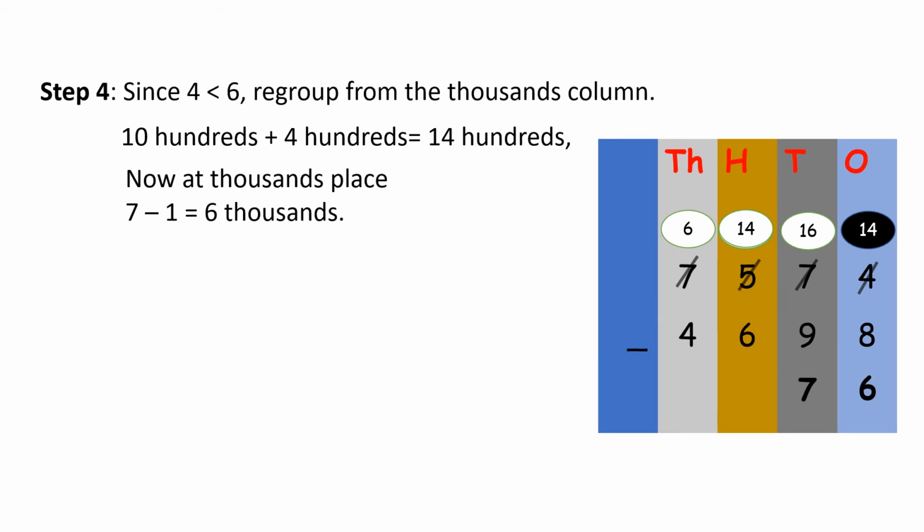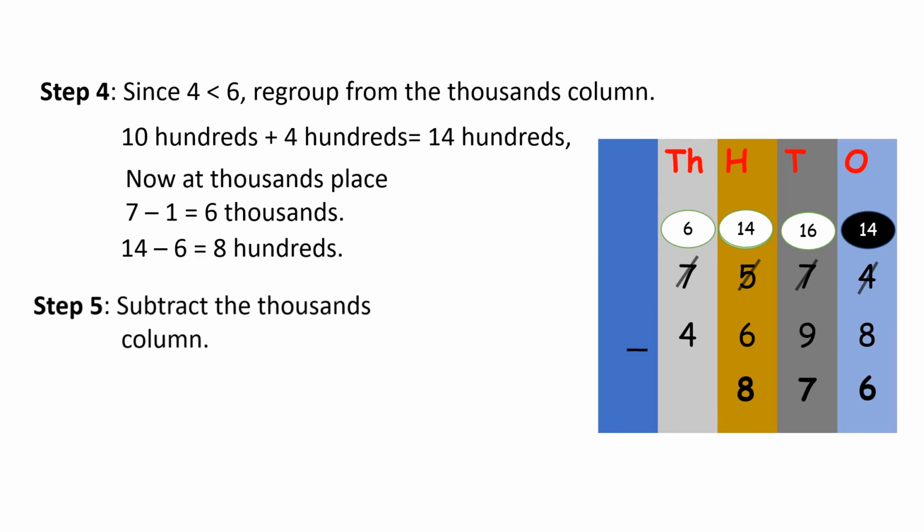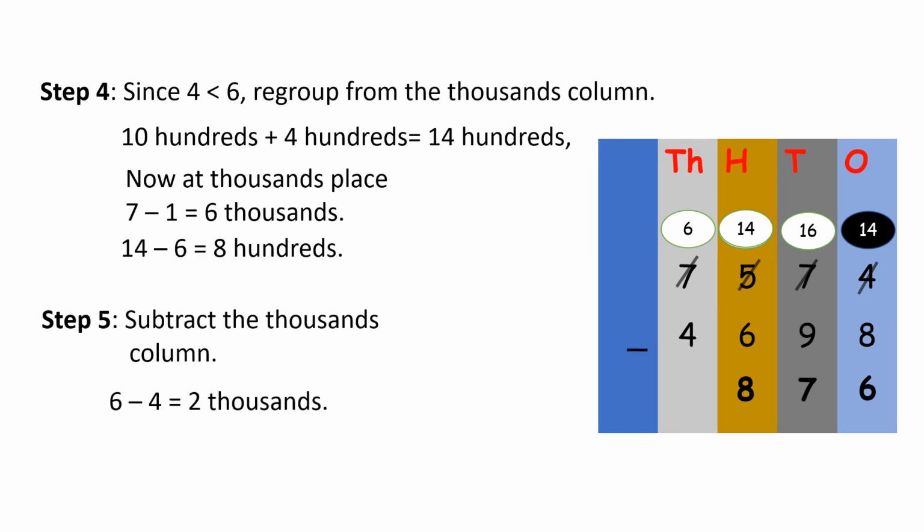Okay, now we can subtract hundreds place digits. 14 minus 6, 8 hundreds. And when we are going to the thousands place, we have to subtract 6 minus 4, that is 2000, right there.